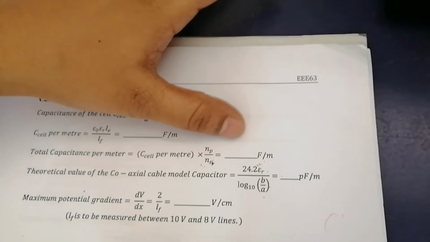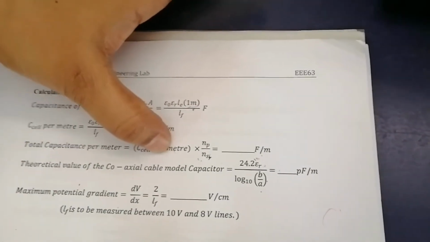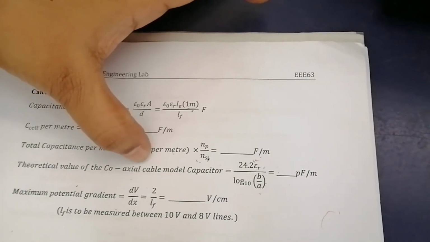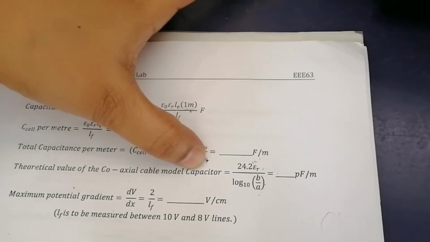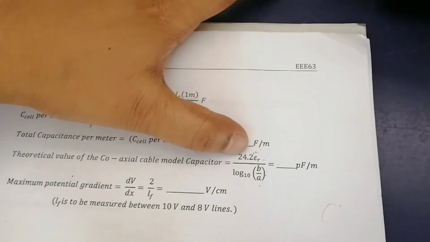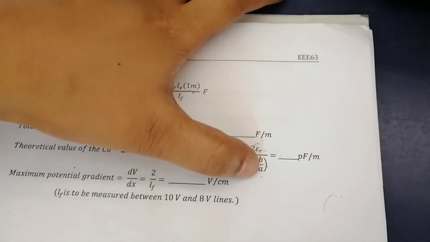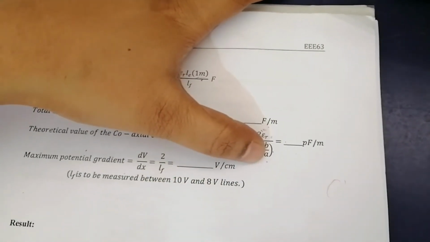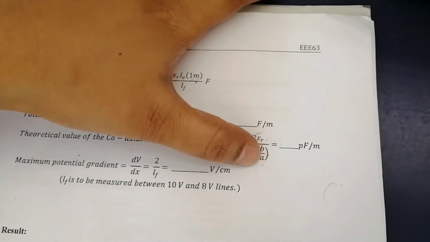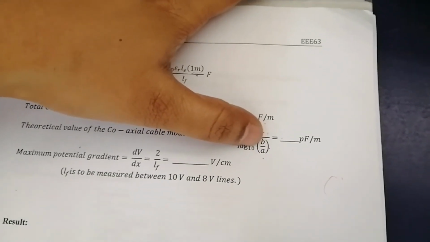Now I have to compare my theoretical value with my practical value. The theoretical value of a coaxial cable model capacitance is given by the formula 24.2 epsilon r by log 10 of B by A. B is the outer radius of the circle and A is the inner radius of the circle.